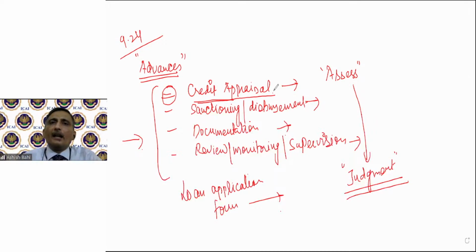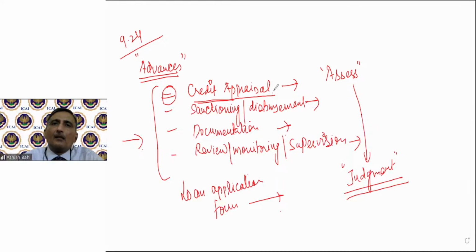It is not that the branch in charge would have unlimited powers. Depending upon his scale, he would have powers of sanctioning loans up to, say, 2 crores or up to 5 crores, and beyond that, the proposal would go to their higher authorities, to the controlling authorities.